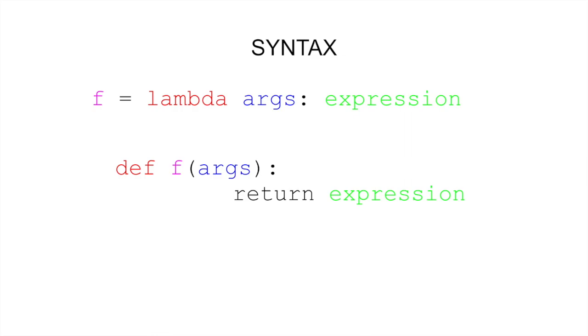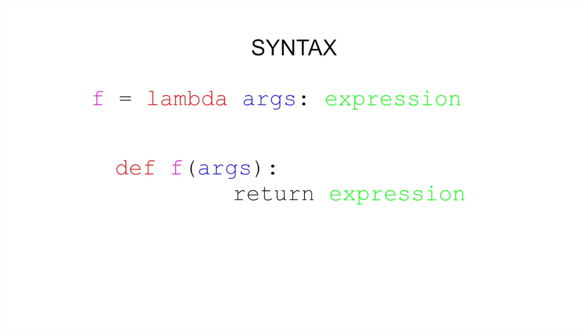Then, both come after a colon, but you don't write a return statement. Like I said, that was implicit. Instead, you just write the expression that the arguments are used in immediately after the colon, and those arguments will be applied in that expression. That will be evaluated and returned, just like happens in the return statement down below. That expression may or may not use the arguments you defined earlier. It'll evaluate the expression, and then it'll return it.